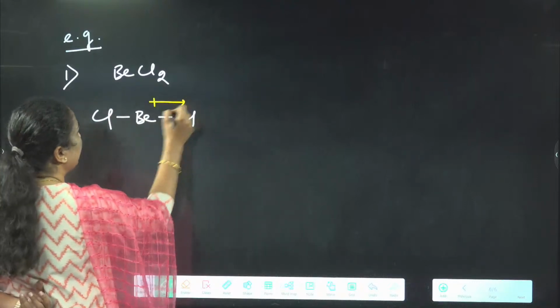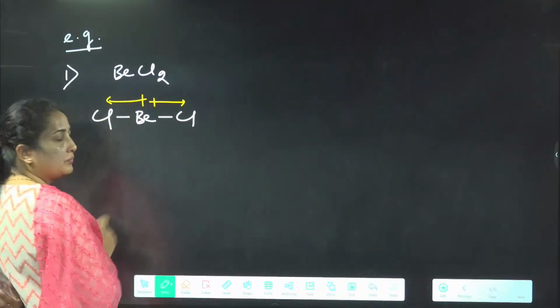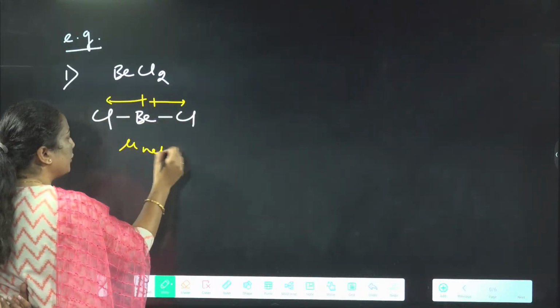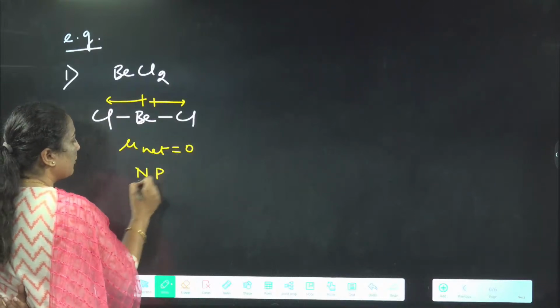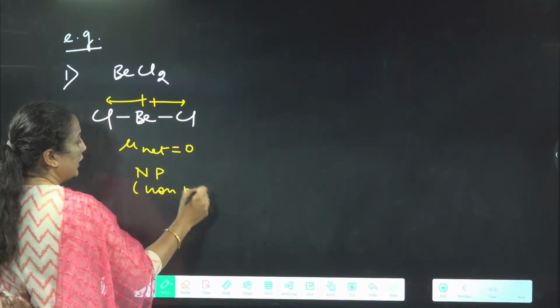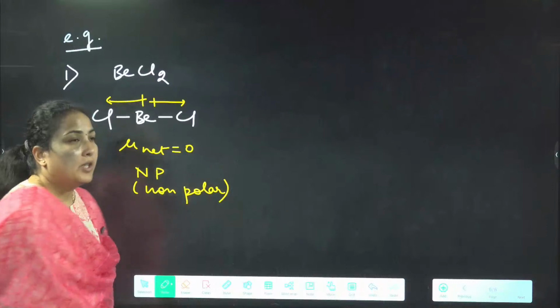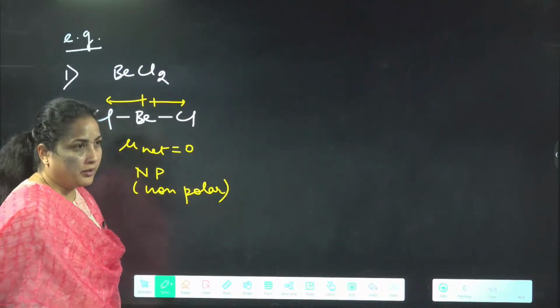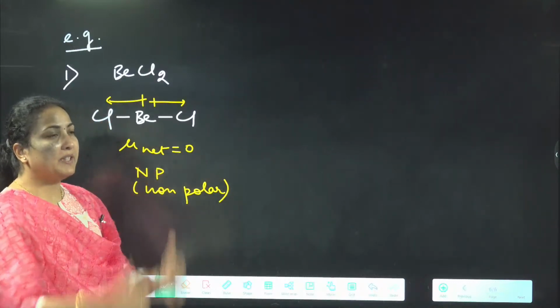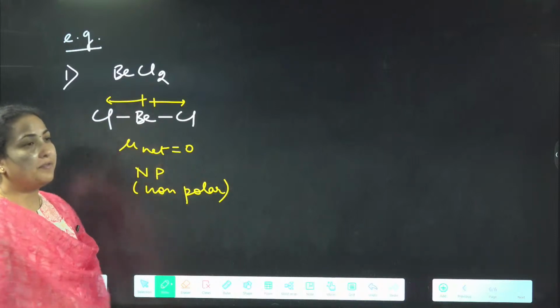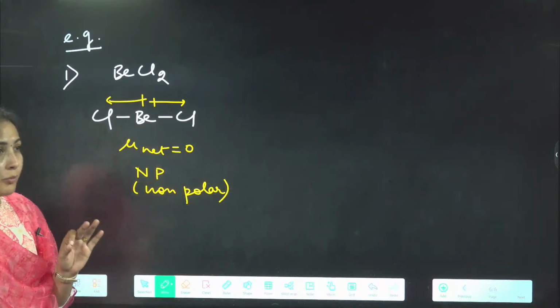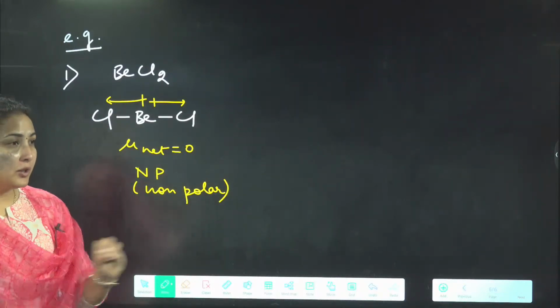Are you able to see the dipole moment will be directed like this? And mu net is equal to 0 or not? So this is going to be non-polar. Did we understand? The molecule has polar bonds in it, but the way the dipole moments are oriented, it is going to have 0 dipole moment. That means net dipole moment is 0.